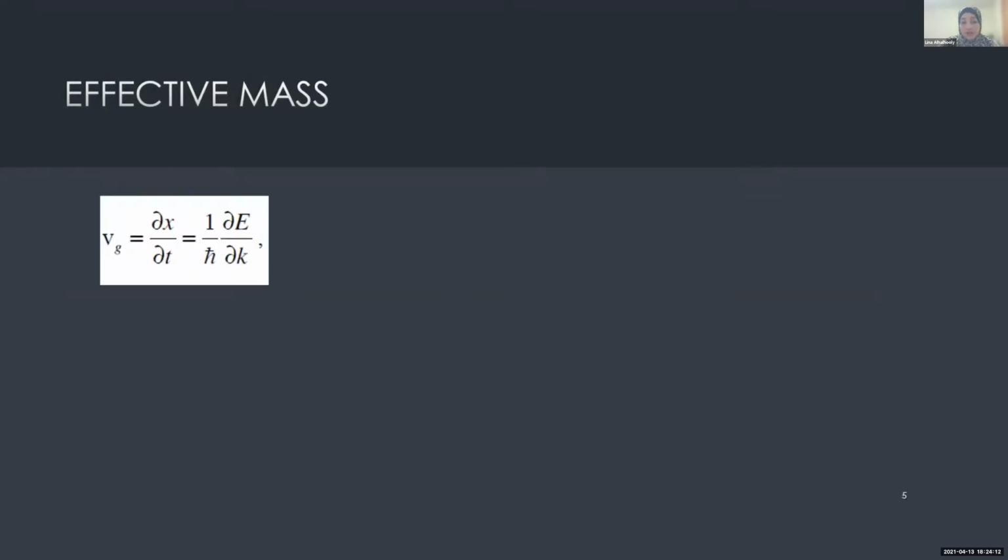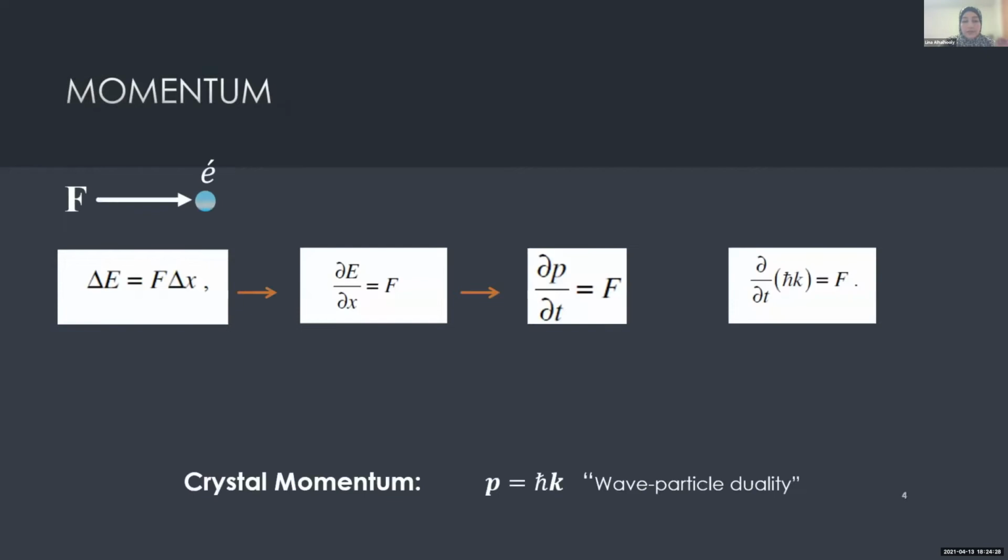It's the effective mass. To understand how we define the effective mass, or what the effective mass is, I will start also from the velocity, relying on the same description here. Just remember the last equation: the derivative of the wave vector with respect to time is the force.